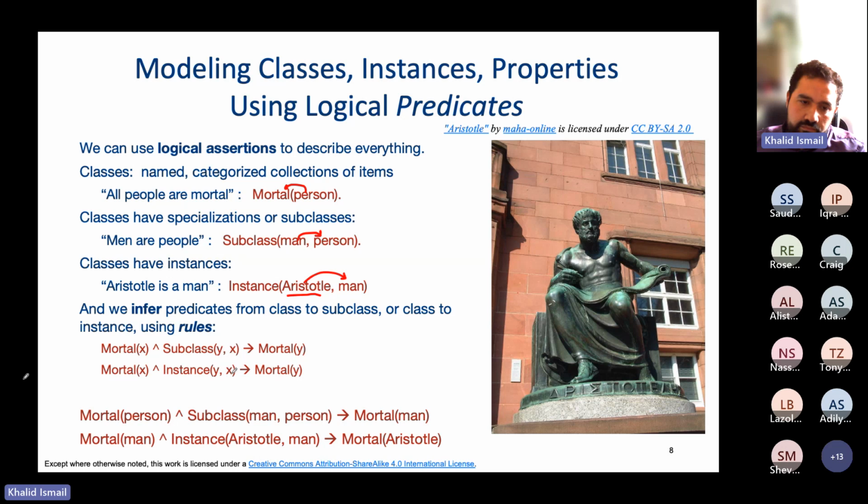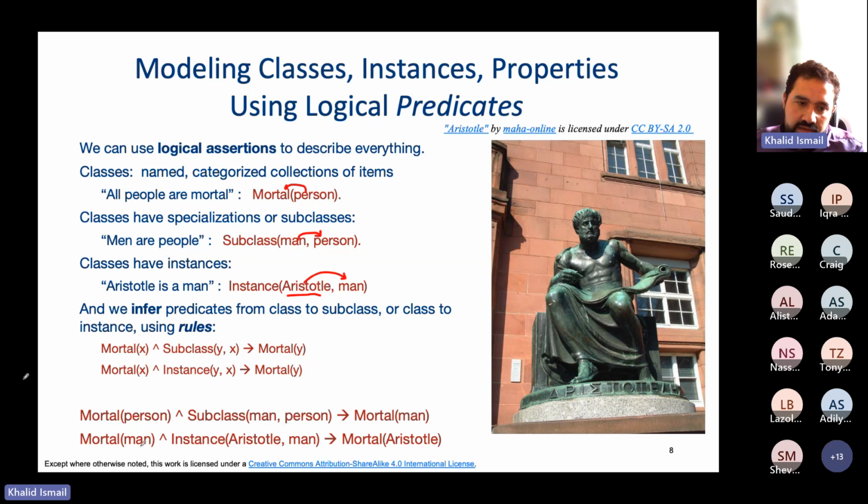As a simple example, if a person is mortal, and a man is a subclass of person, then the man here is mortal.